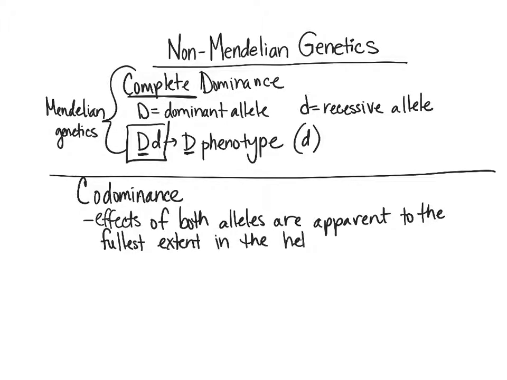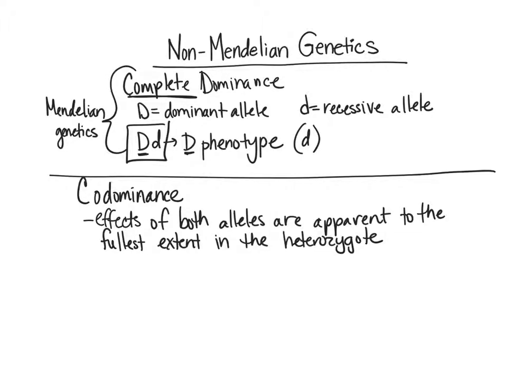Meaning that one is not completely dominant over the other. So we see both characteristics, both alleles are present, and not in some sort of lesser way, but completely present.